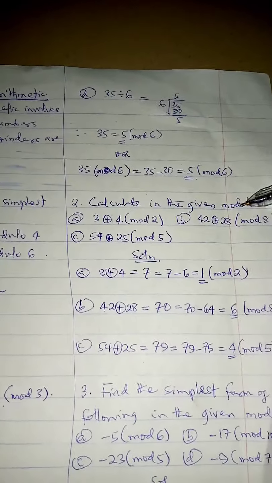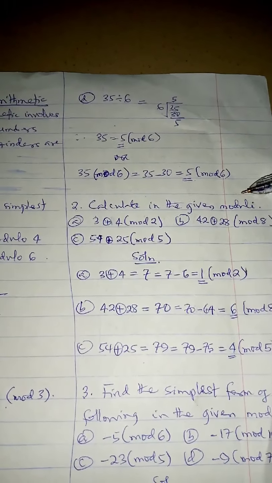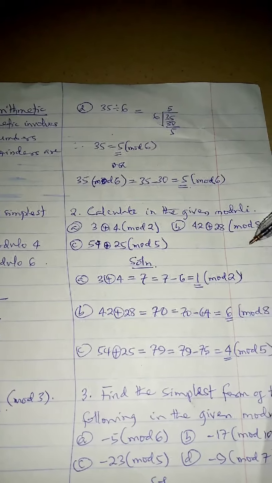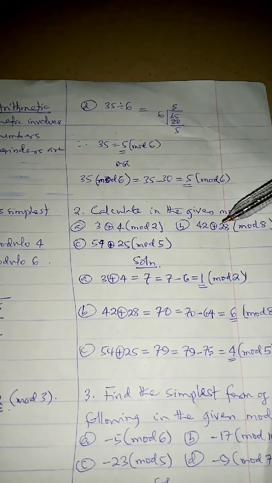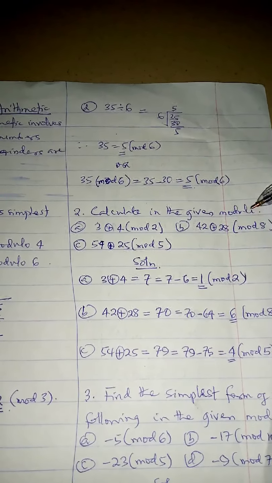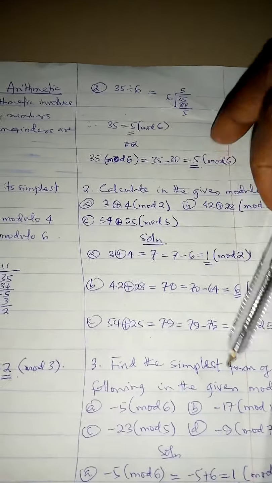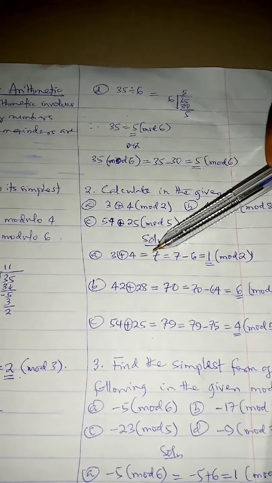Now calculate number 2. Calculate in the given moduli the following: 3 plus 4 in mod 2. Mod 2 means modulo 2. 42 plus 28 in mod 8. 54 plus 25 in mod 5. Now if I want to do the first one, 3 plus 4 is 7.